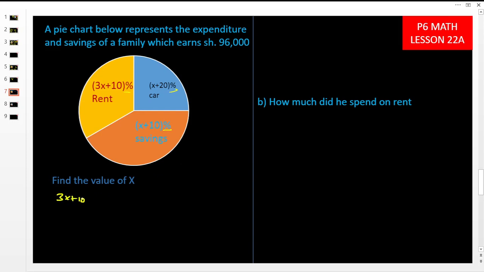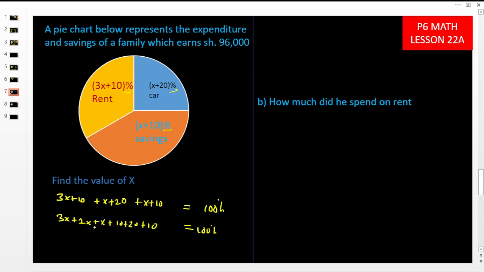So it's going to be 3x plus 10, then plus x plus 20 plus x plus 10 is giving us 100%. Why? They are percentages. Now we collect like terms from algebra. Then 3x plus 2x plus x plus 10 plus 20 plus 10 is giving us 100%.